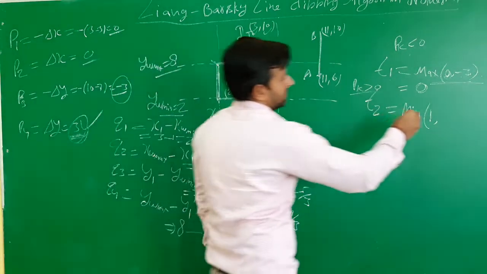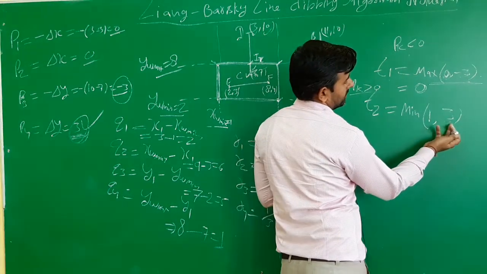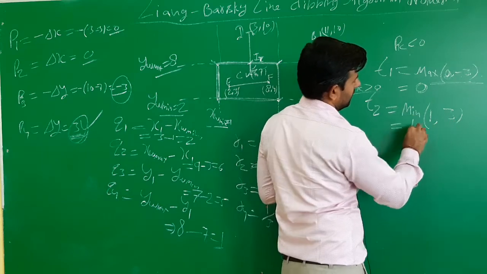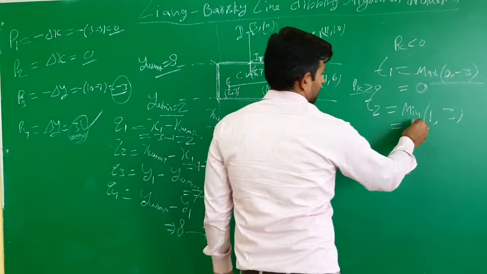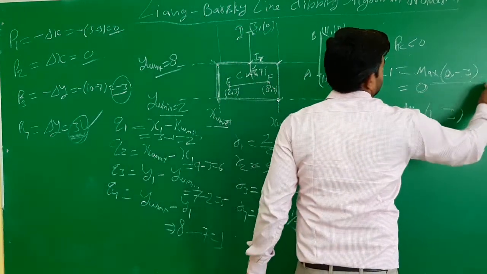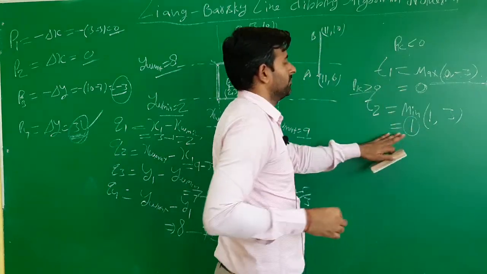Then we compare 3 and 1. Which one is minimum? Minimum is 1. Clear? Now we have the T1 value 0 and T2 value 1.